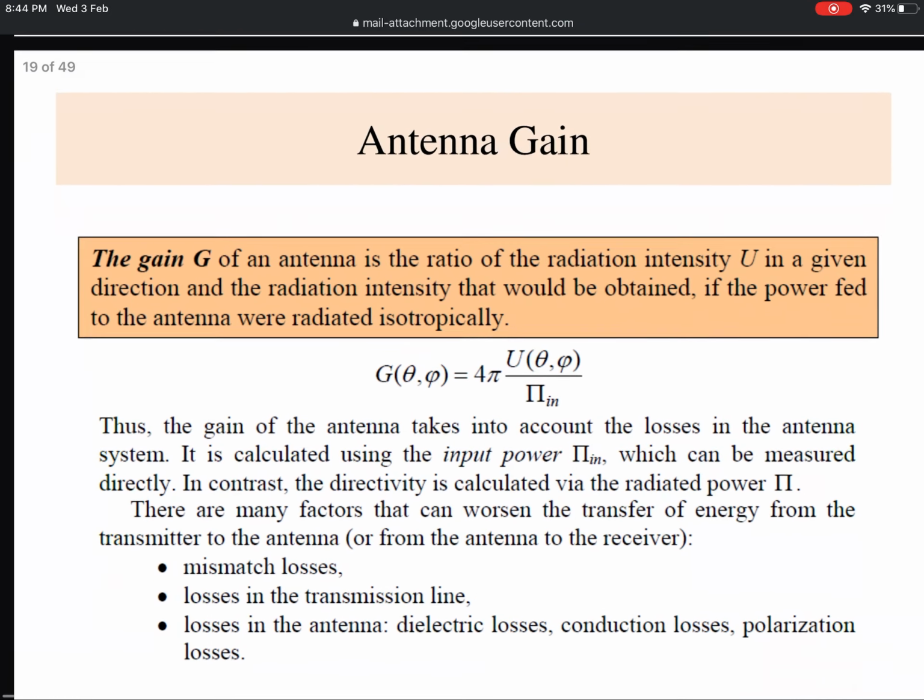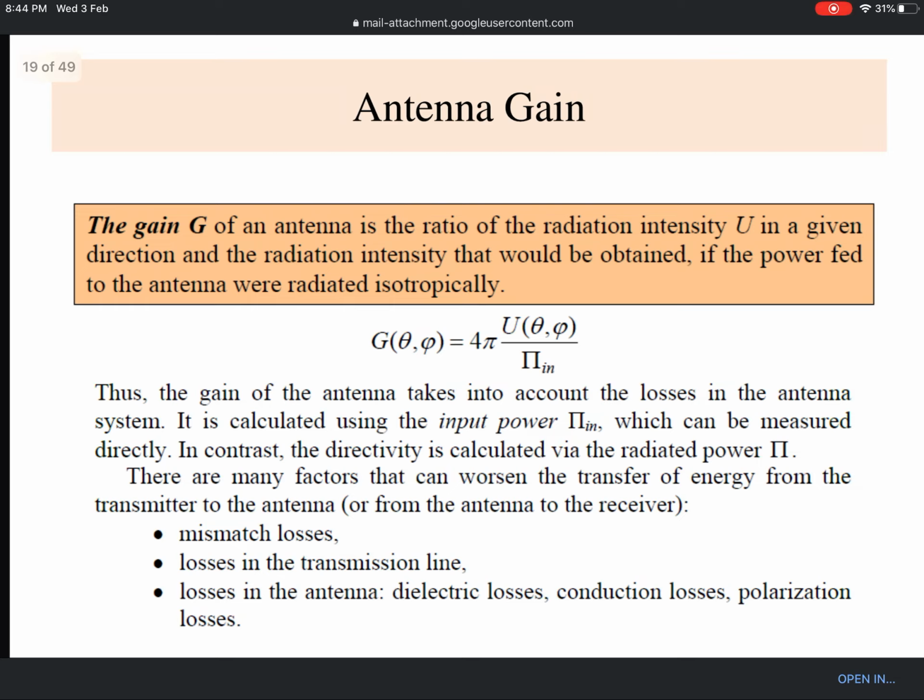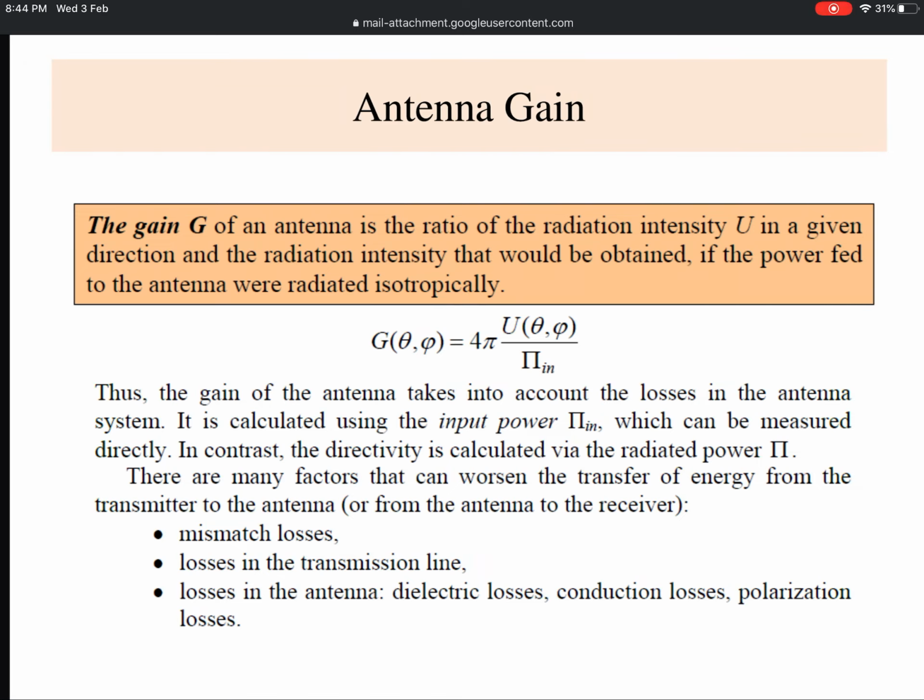Now, having understood that, we will be discussing the antenna gain. So I will again recollect what we have already gone through. Radiation intensity we have gone through. Then we have defined solid angle and its relation with radiation power density.